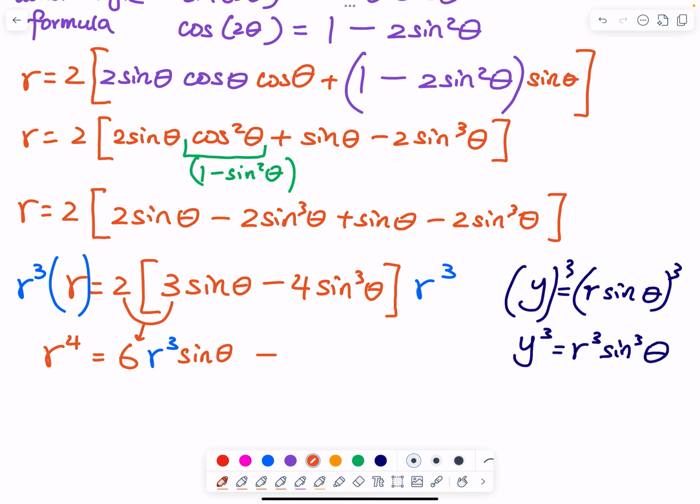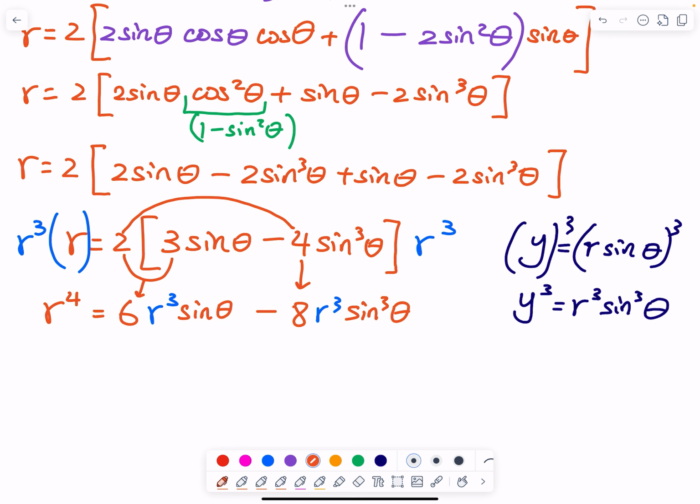And then minus 2 times 4, that gives me an 8, and then I have r to the third and then sine third. And then this becomes y to the third, so I have an 8 and then y to the third.